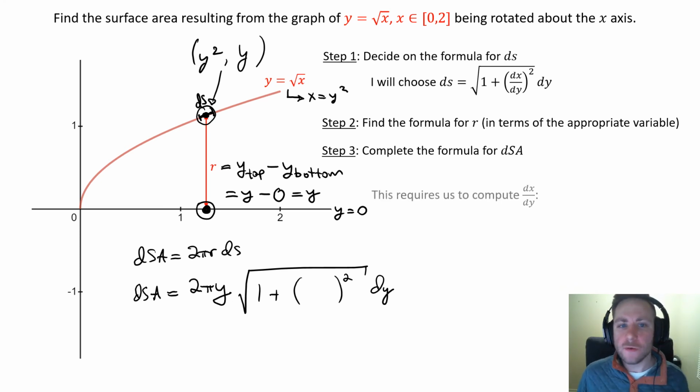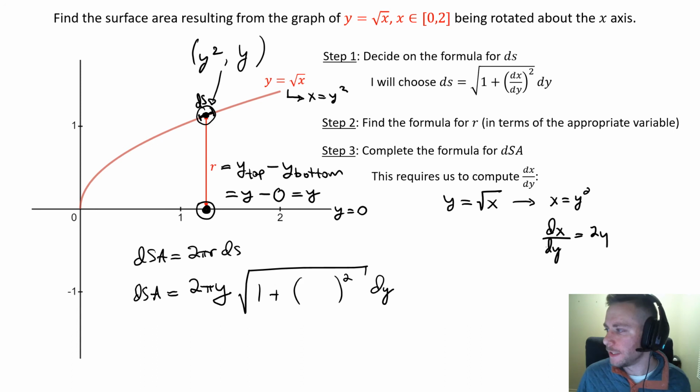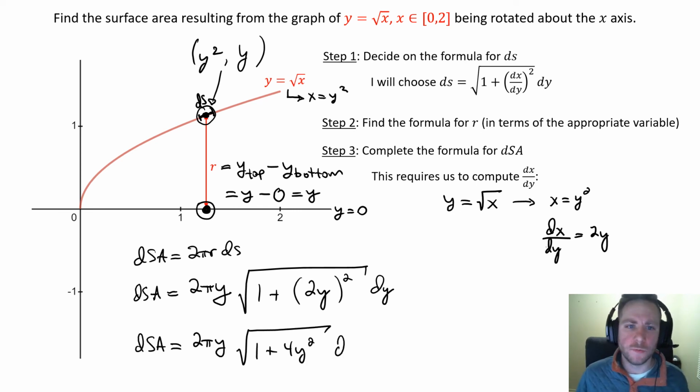So for that, we take the formula for our curve, and we need to rearrange it so that y is the independent variable. That's pretty easy to do in this case, and then we can just apply the power rule to get this derivative as dx over dy, and include that in our surface area formula. After a bit of simplification, we've now completed our formula for dSA.